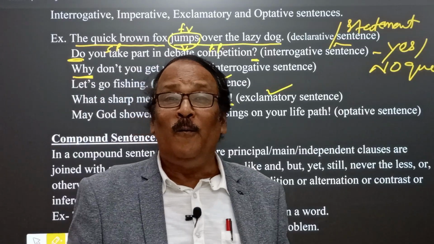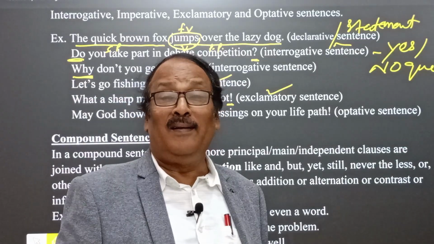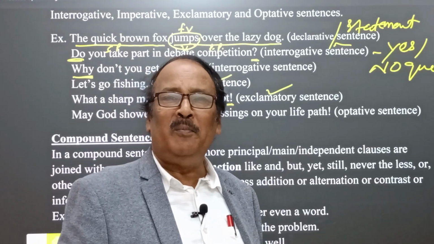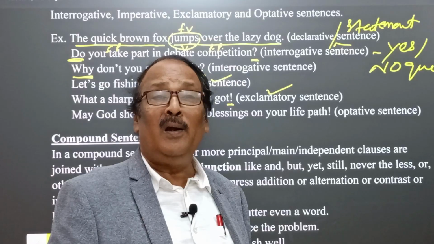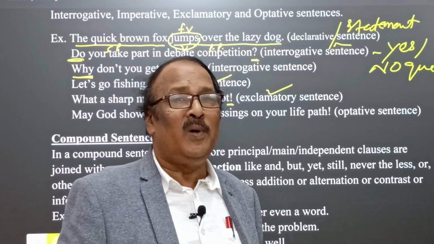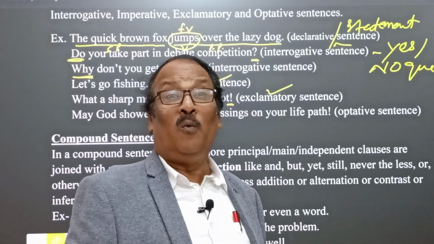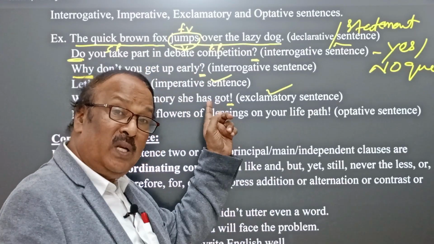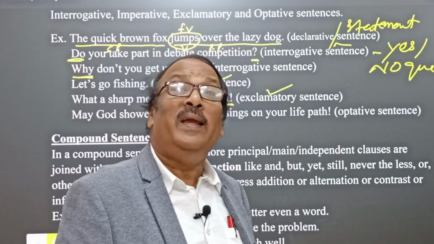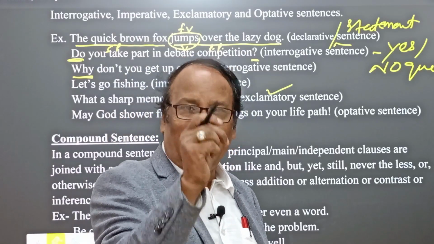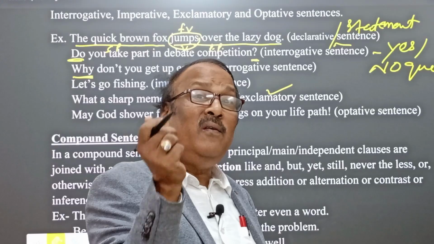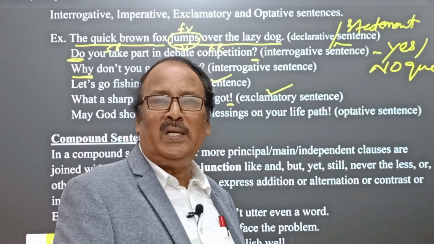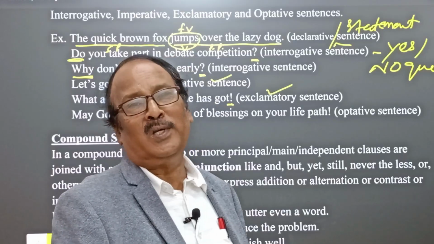Whenever we find the very fine or sharp memory of our friend or anybody nearer or dearer, then we exclaim, what a sharp memory she has got. It means she has got a very sharp memory. If we convert it into a statement sentence, we find such an answer.